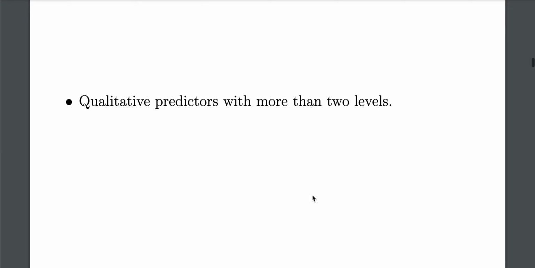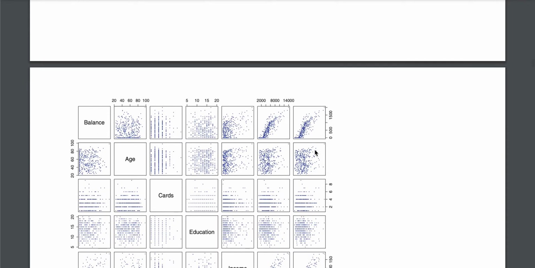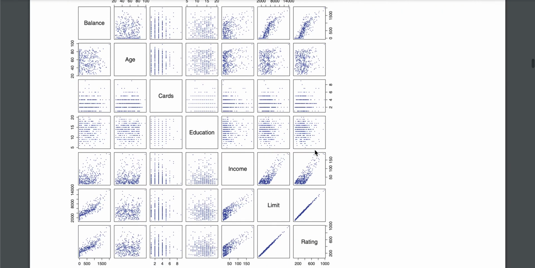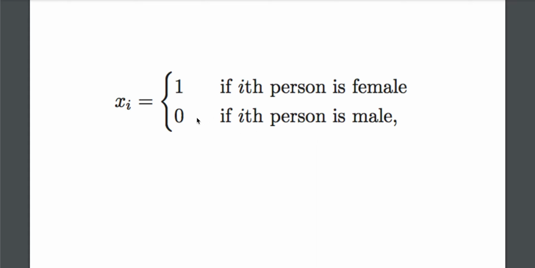The next topic is how to deal with qualitative predictors, especially when they have more than 2 levels or more than 2 categories. If they have 2 categories, we can simply code one as 0 and the other one as 1 and treat them as non-categorical. Here's an example.